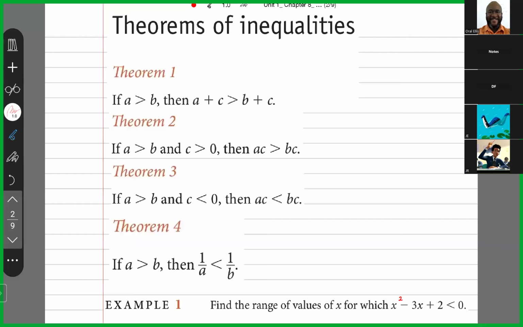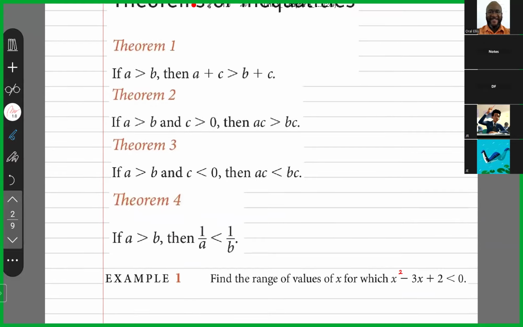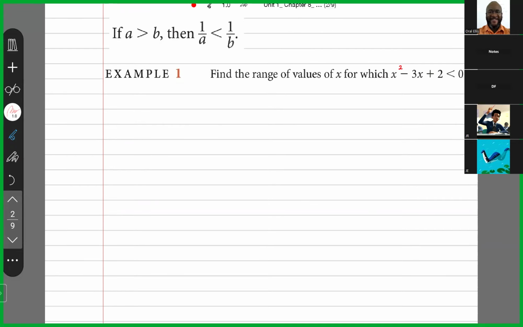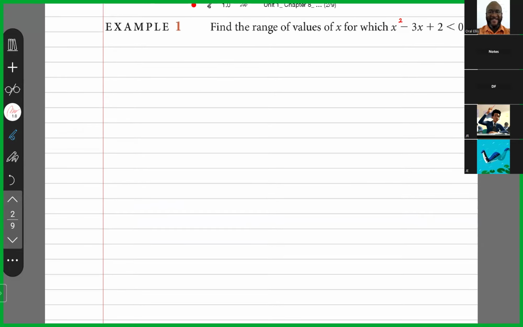All right. Example 1. Example 1 is asking us to find the range of values of x for which x squared minus 3x plus 2 is less than 0. All right, to answer this question, we're going to draw a sketch of the graph of y is equal to x squared minus 3x plus 2.